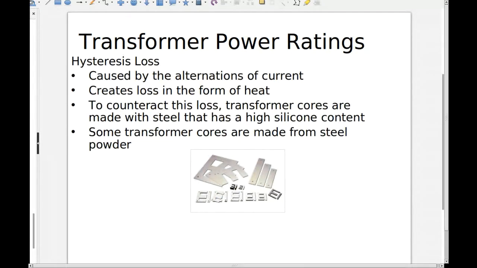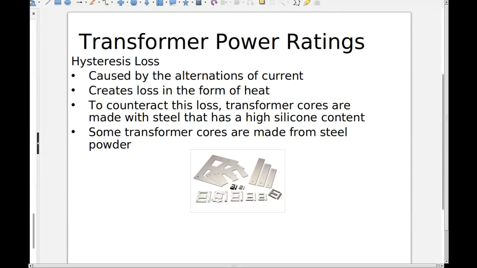All right. One way to reduce the eddy currents is to use multiple thin plates of metal for your core. When you look at most transformers, instead of having one solid core of iron, they have lots of these little plates in there.